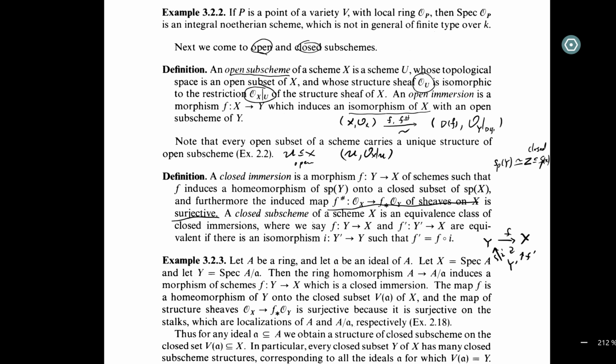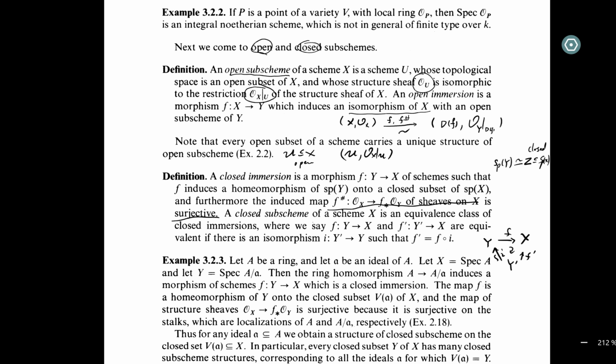So you see what a closed immersion is. A closed immersion is a morphism of schemes satisfying certain relations, and the image under f is really closed in the topological space of X, and we know how their functions relate to each other. How are the regular functions related?